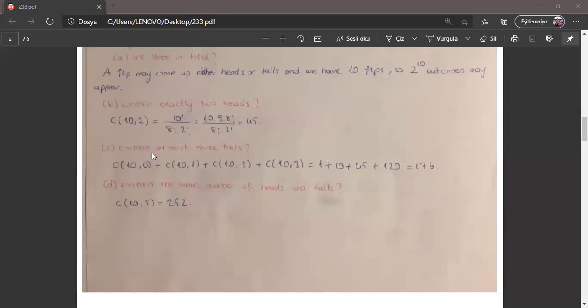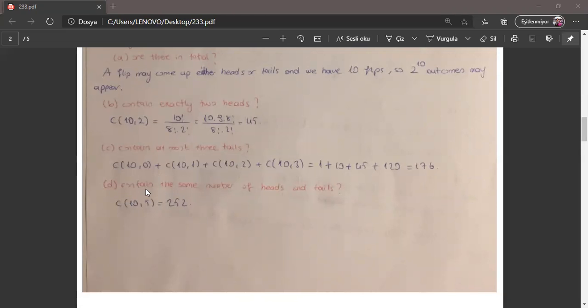Now we want to compute the number of outcomes that contain at most 3 tails. So there may be 0 tails, none of tails, 1 tail, 2 or 3, right? We have at most 3. So we compute each of them and add to find the total number.